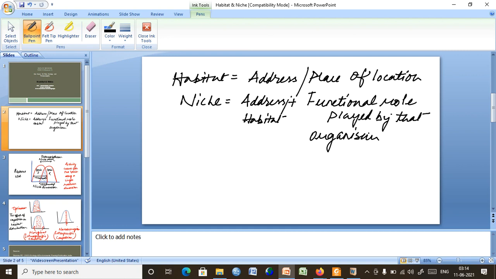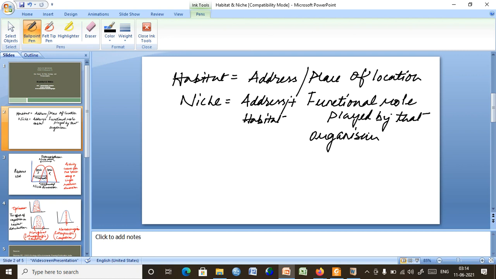So habitat is the address where a particular organism lives, and the niche is the address along with the functional role represented by that organism.